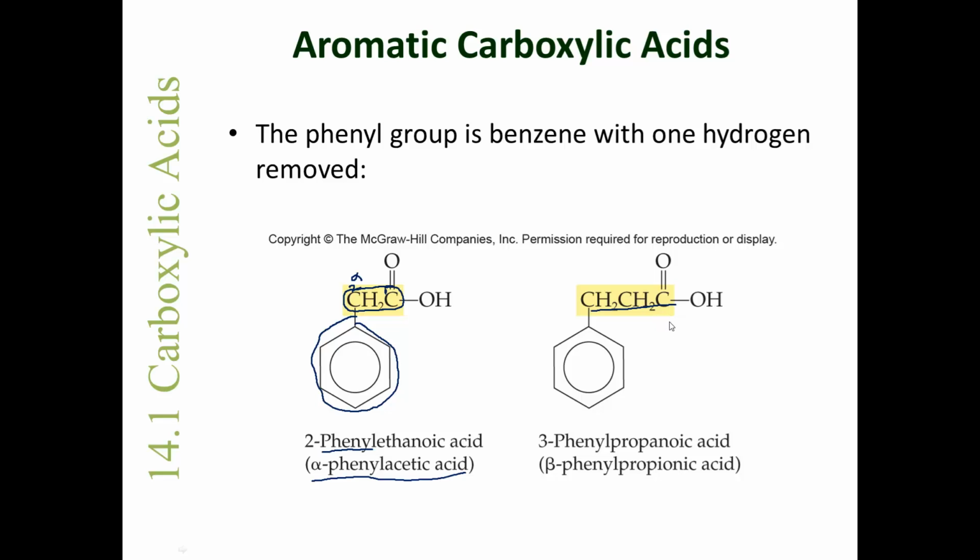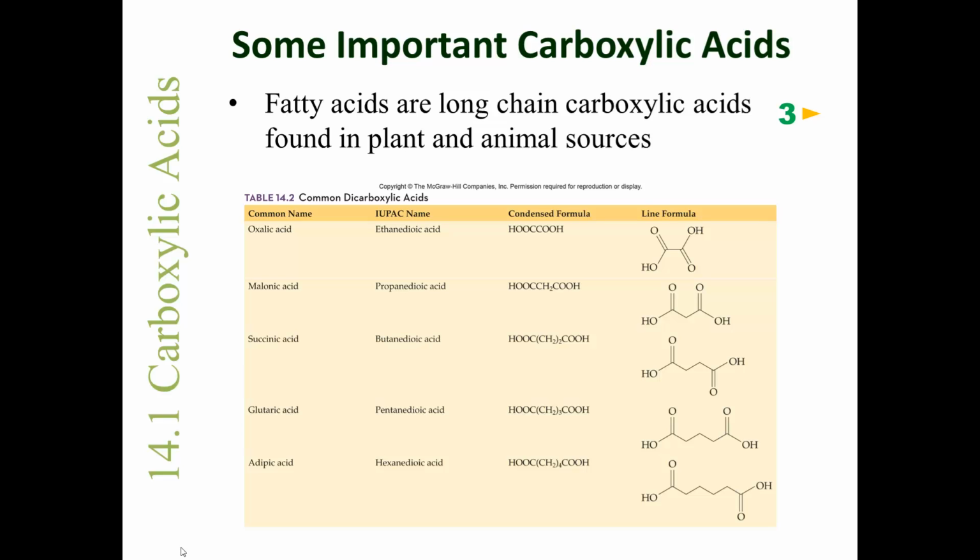And to me, the IUPAC is the best way to go here. But like I said, when we get into the biological part, you're going to hear the common names a lot more frequently. So think of this as a functional group, the phenyl group. I think that's the best way to think of it. It's just a functional group attached to the carbon chain.